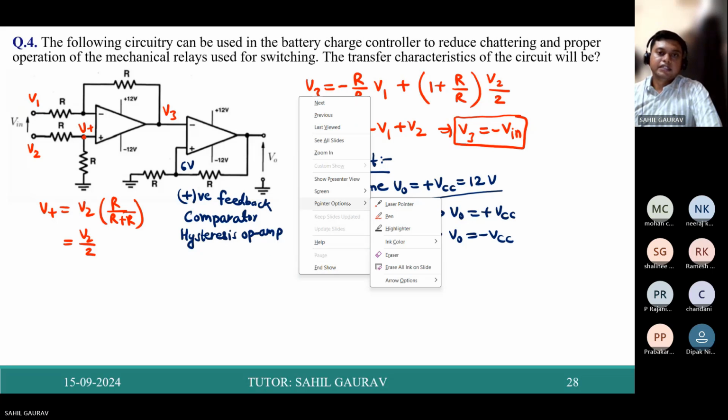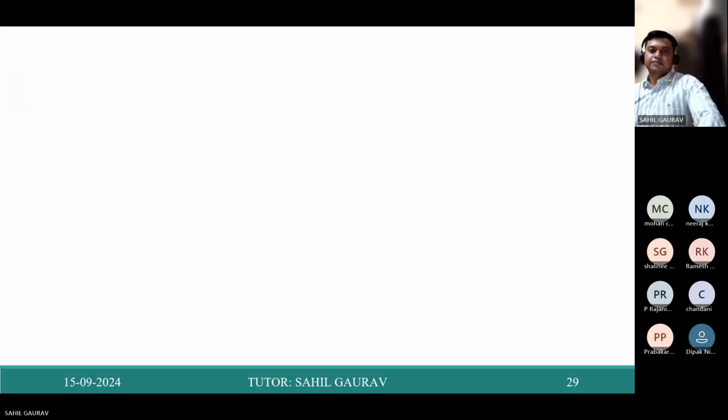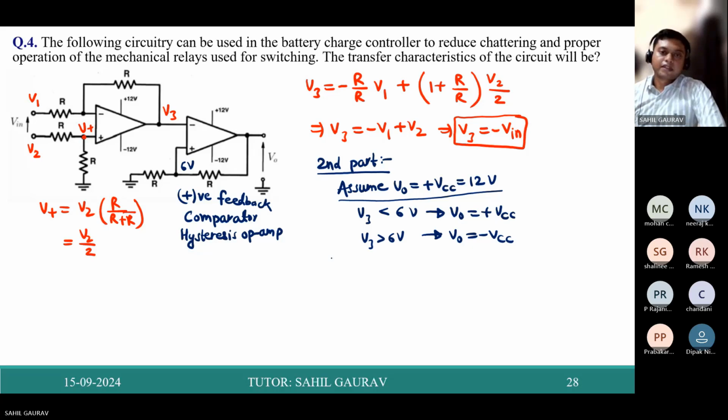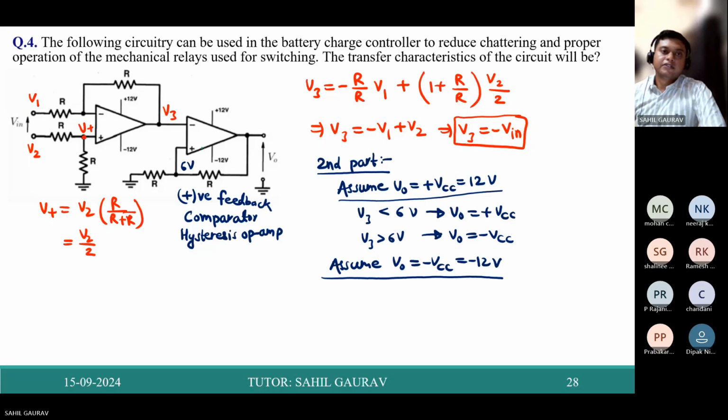Now assume V0 equal to minus VCC, that means minus 12 volt. In that case, the threshold will be minus 6 volt.